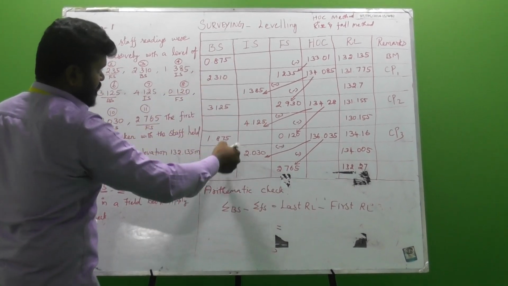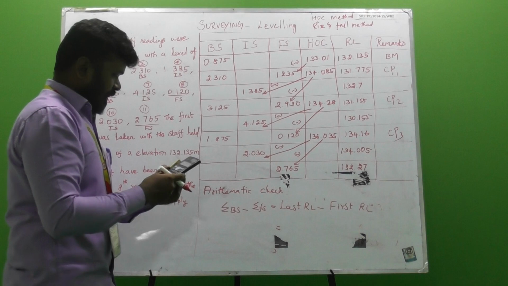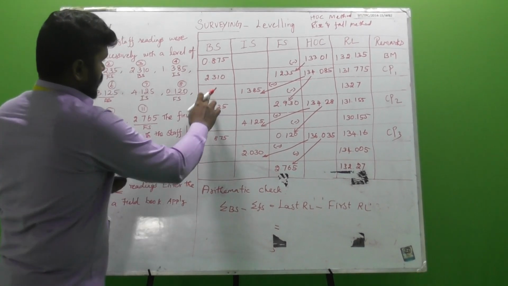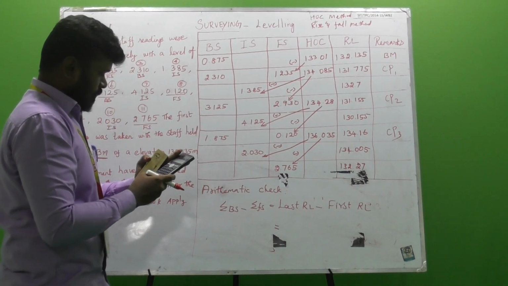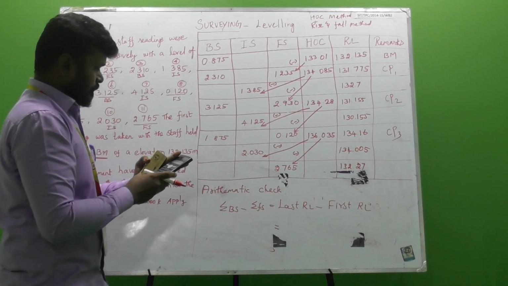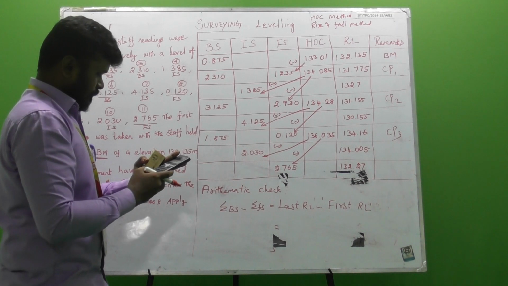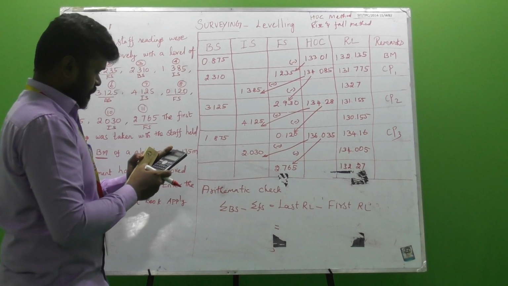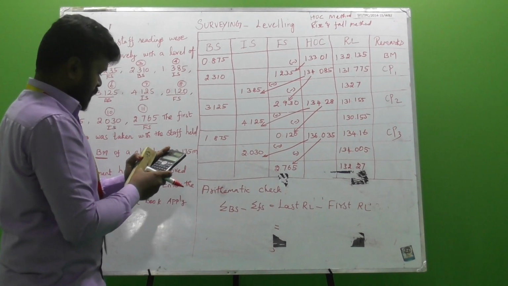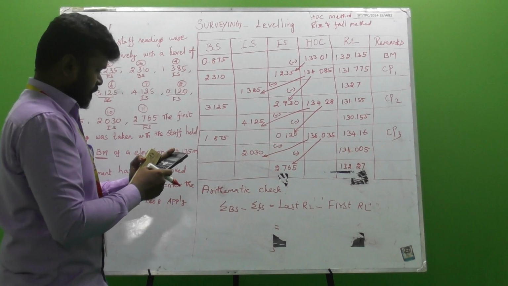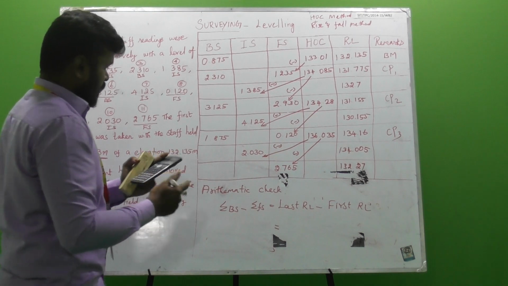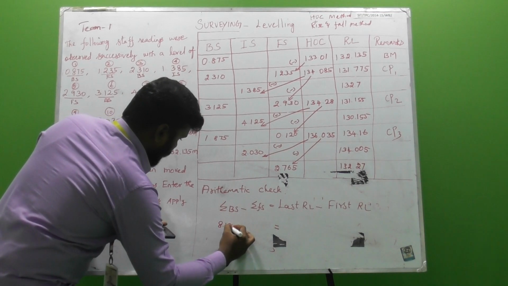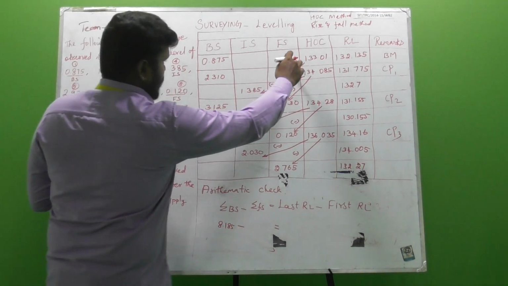Add the BS values 0.875 plus 2.310 plus 3.125 plus 1.875. We get the summation of BS as 8.185.